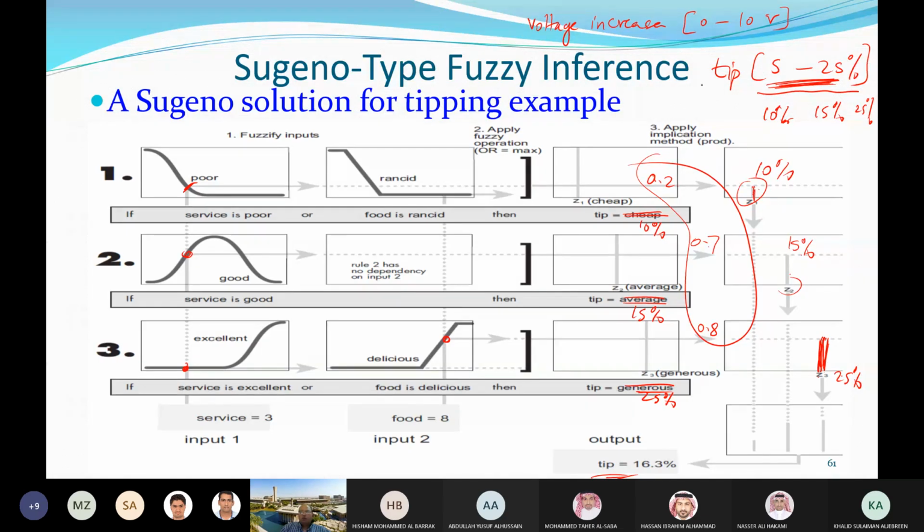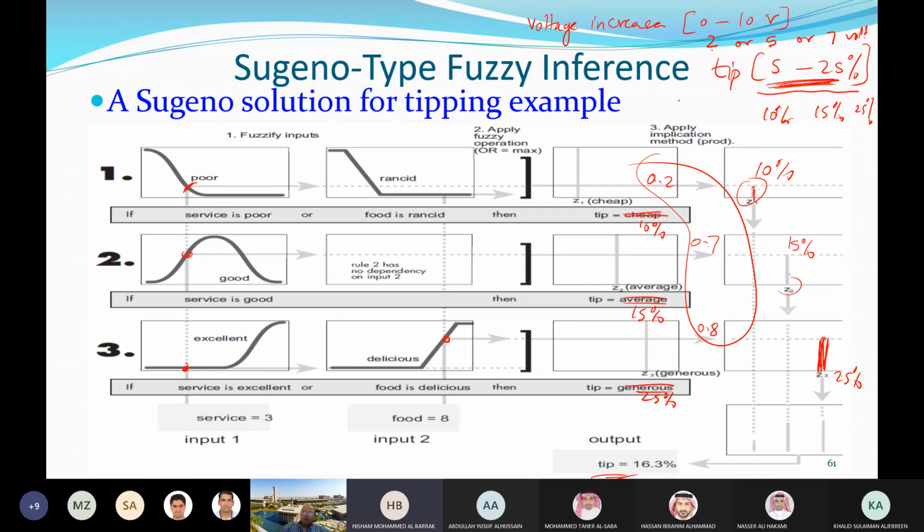If I have 3 rules, maybe only 3 rules, I can say the voltage increase is 2 or 5 or 7 volts. This is low, this is medium, and this is high. This is my definition. Did you get the point, Sham?